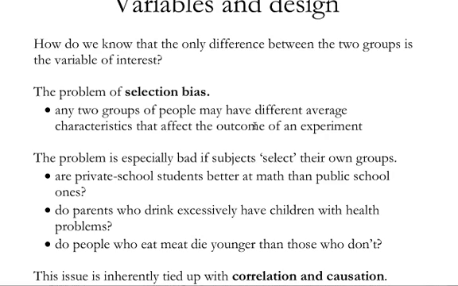Second example: do parents who drink excessively have children with health problems? Again, what's going to be the selection bias problem here? Well, parents who drink excessively chose to drink excessively, and parents who don't drink excessively chose not to. Again, I'm using chose in a non-judgmental, non-active-choice kind of way. People with drinking problems don't necessarily choose to have drinking problems.